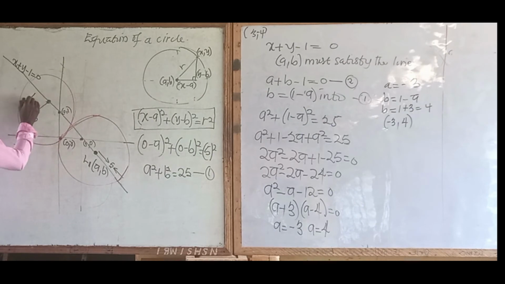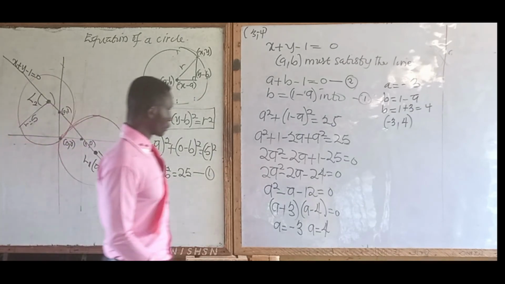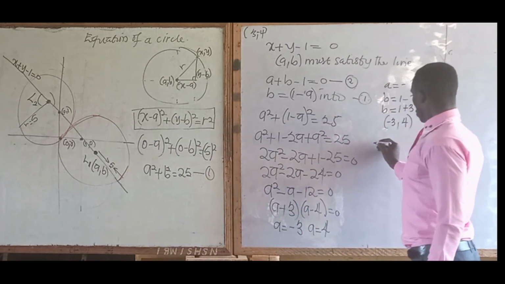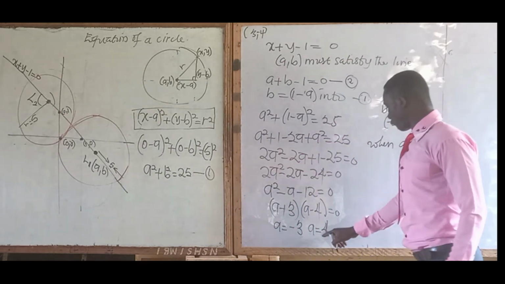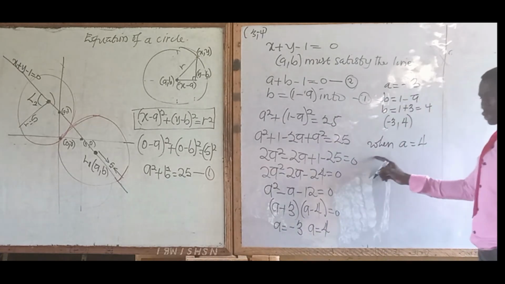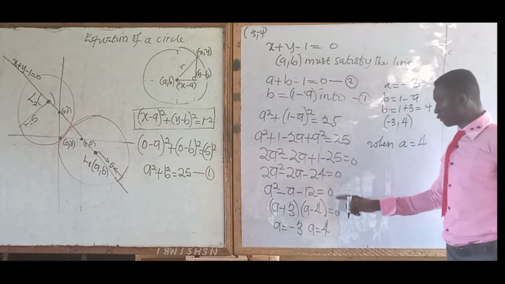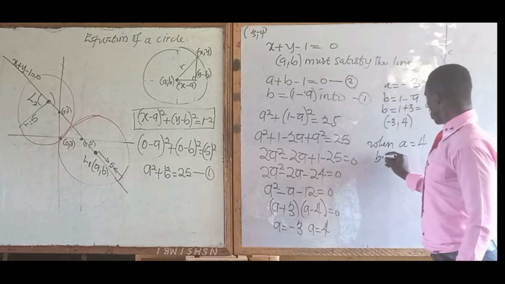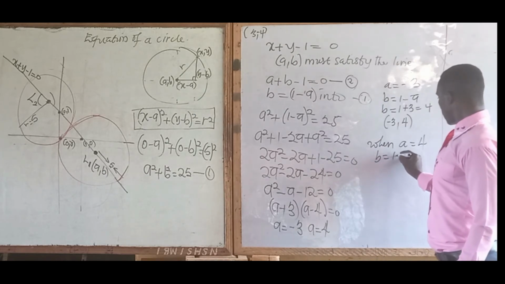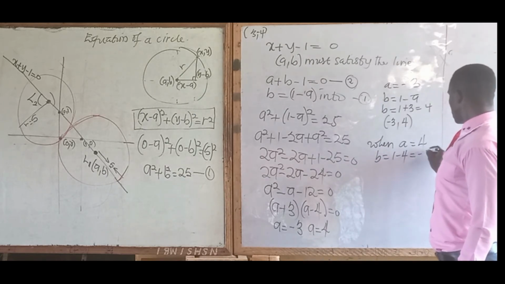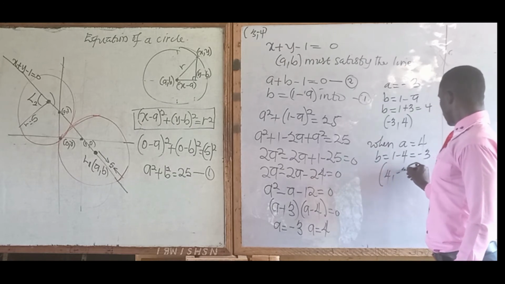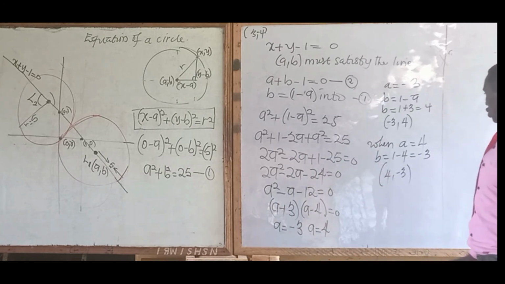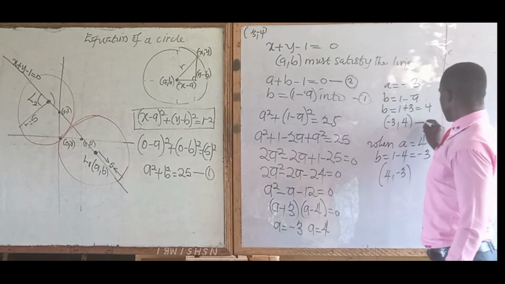Now, when a is equal to 4, let's see the corresponding value of b. b will be equal to 1 minus 4, which is equal to negative 3. So we shall have 4, negative 3. So these are the centers.